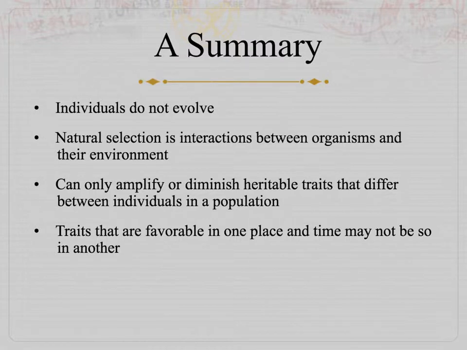And natural selection can only amplify or diminish heritable traits, things that they get from their parents that differ between individuals. So a population with all of the same traits, where everybody is identical, will not evolve because there is no difference. They will either thrive or they'll all die because there are no differences.